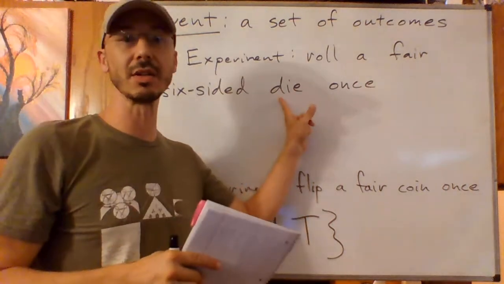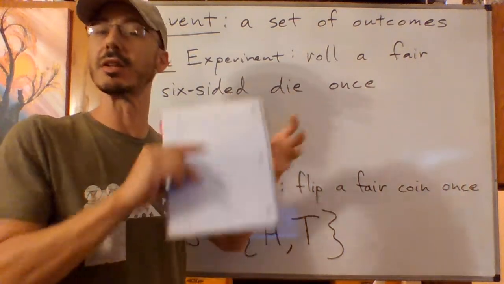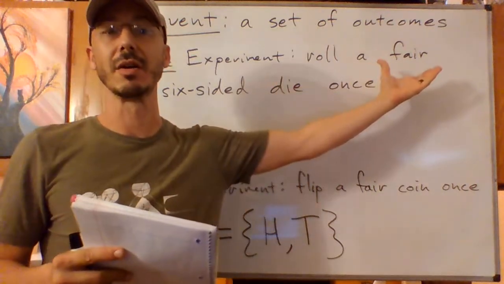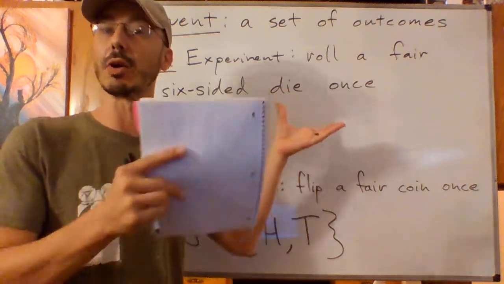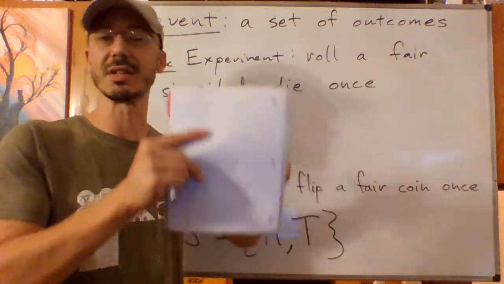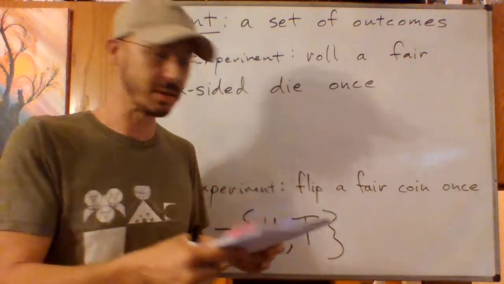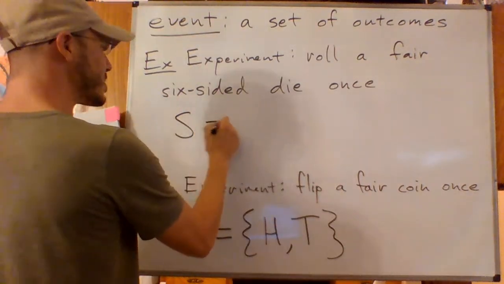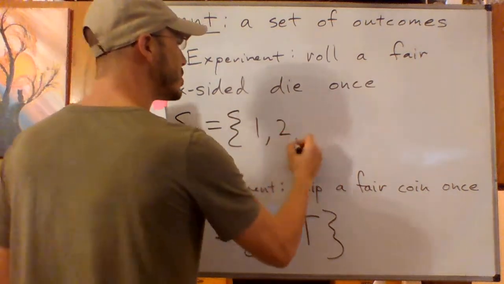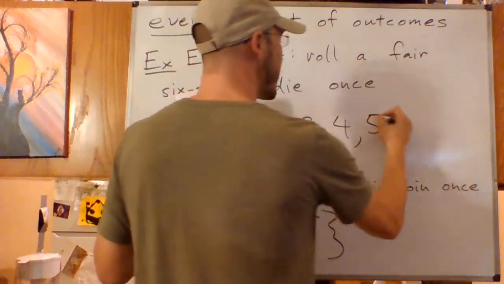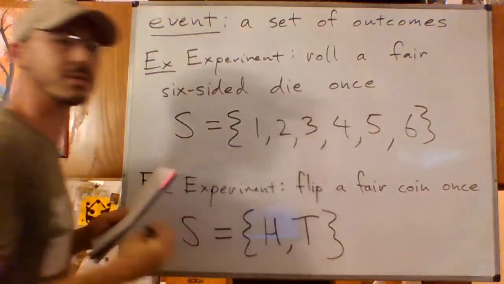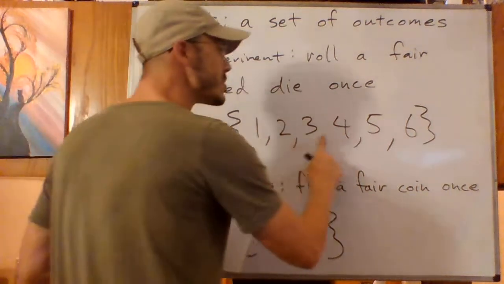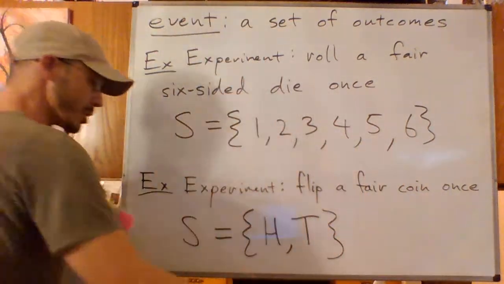So die is the singular of dice, the little cubes with the numbers 1 through 6 on them. So a fair six-sided die is a die that's not loaded. Each of the 6 faces is equally likely to come up on top. And so in this case, the sample space is those numbers, 1, 2, 3, 4, 5, and 6. Those are all the possibilities, those are all the outcomes of this experiment.